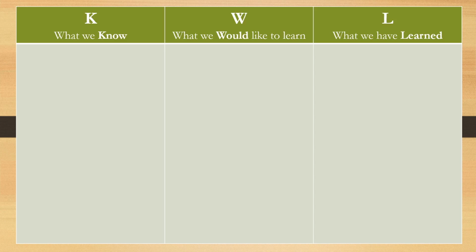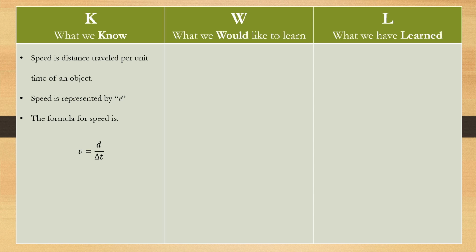Alright, so let's take a look at this KWL chart and we'll fill it out for what we know and what we'd like to learn. So what we know right now is that speed is distance traveled per unit time of an object. Speed is represented by a lowercase v, and we also know that the formula for speed is equal to distance over change in time.